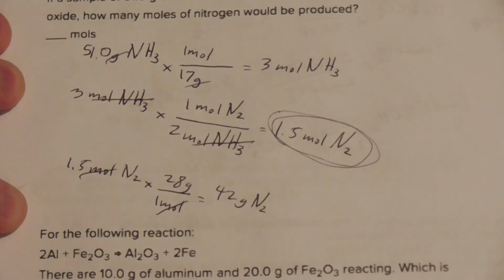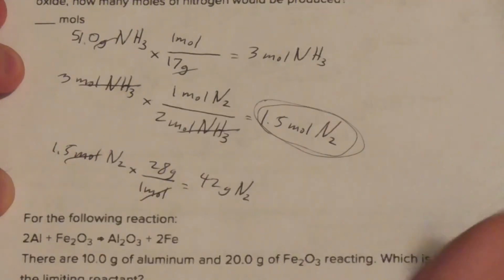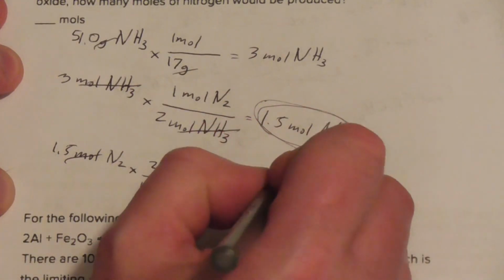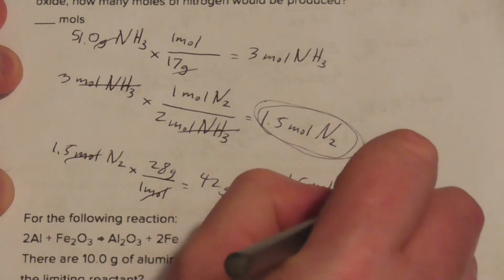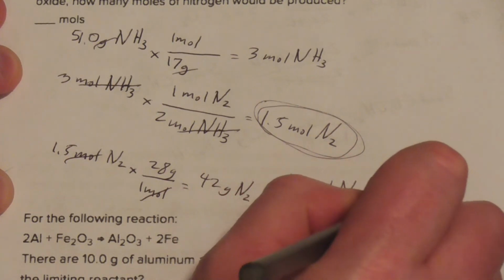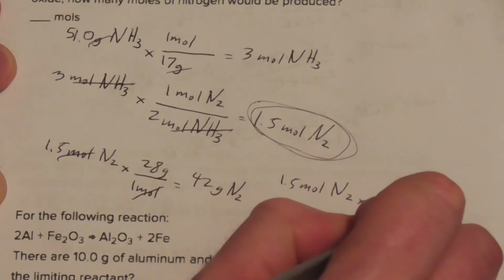I might ask you for how many grams of nitrogen. I might ask you for how many molecules of nitrogen. 1.5 moles of nitrogen times 6.02 times 10 to the 23rd molecules over 1 mole.